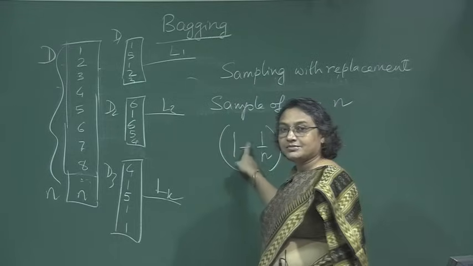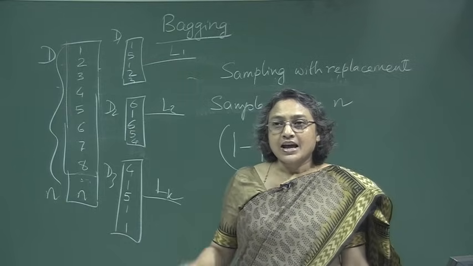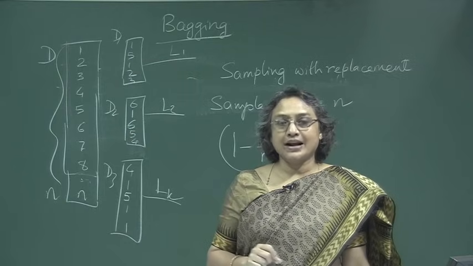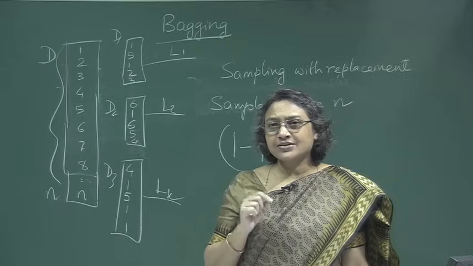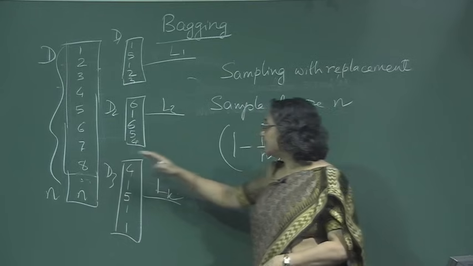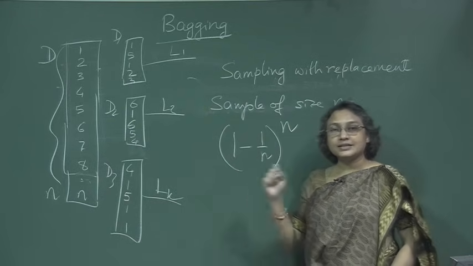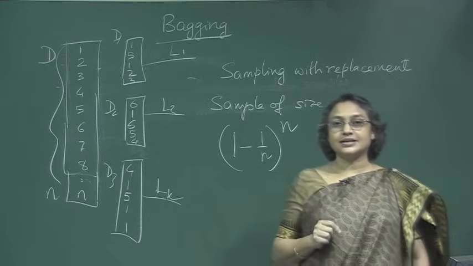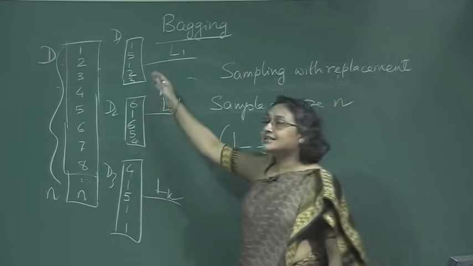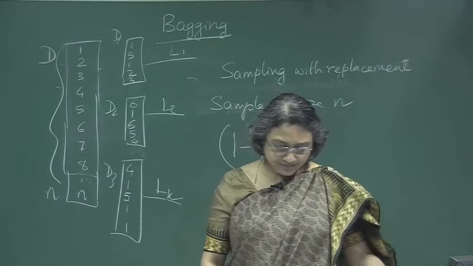This can be approximated by e inverse, and we can see that if we use n random samples, about 63% of the unique instances will occur in each of these samples, and other instances will be repeated. This you can find out.